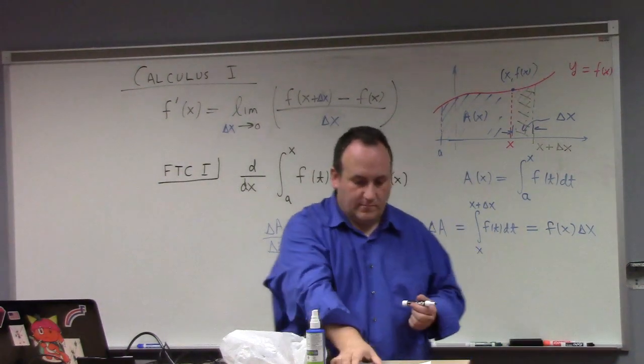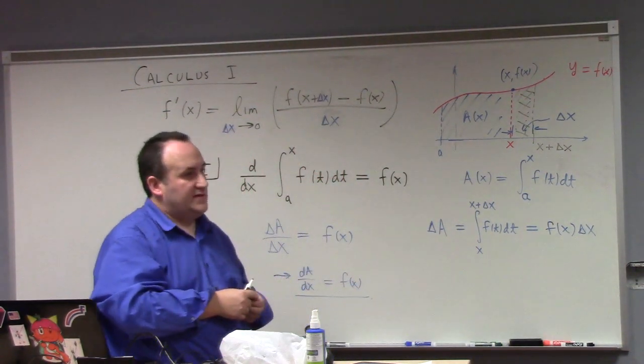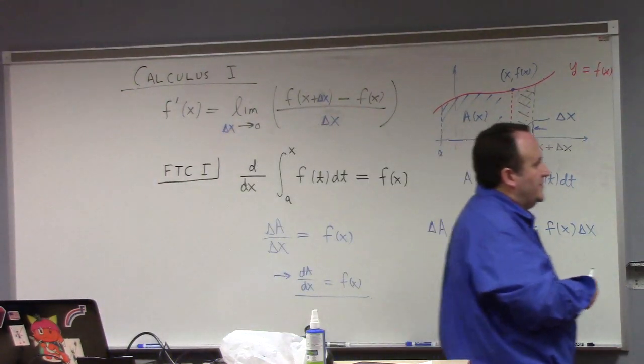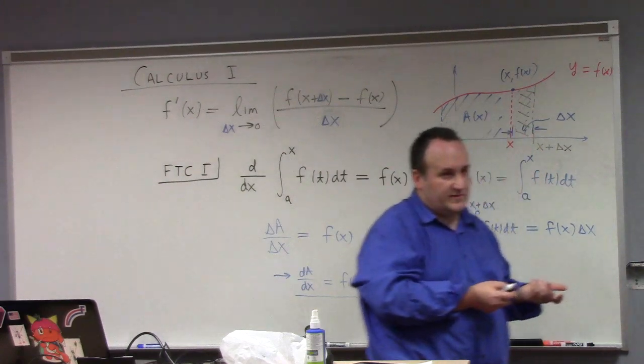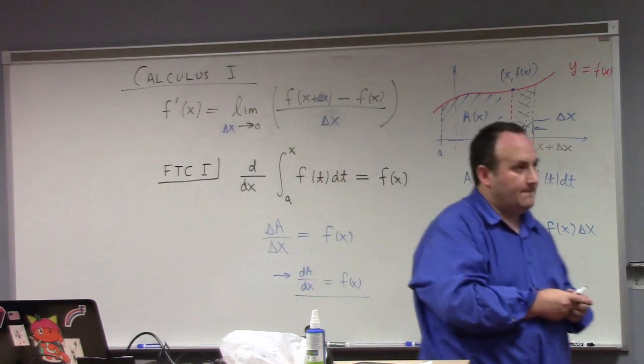This is FTC2. What's the big F in relation to the little f? Big F is called what? An antiderivative, right? And we're assuming here that the little f is continuous.